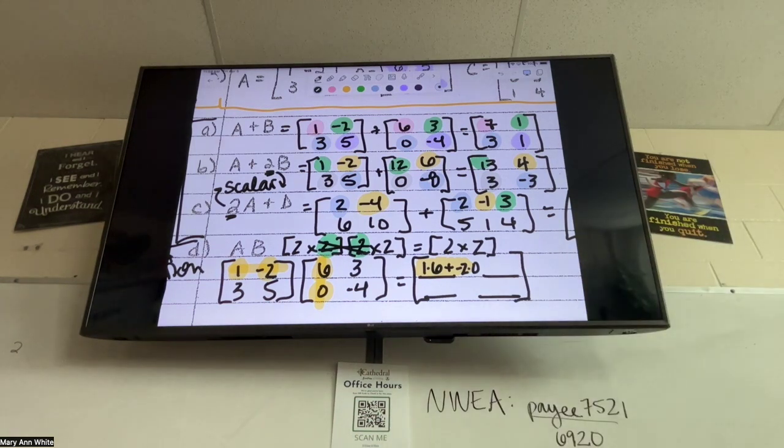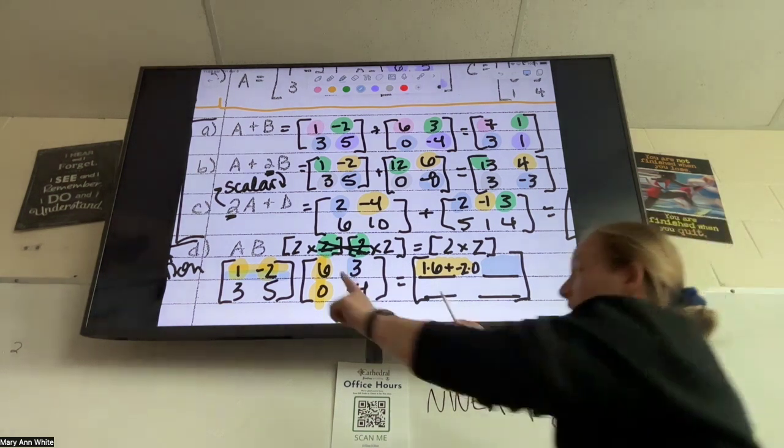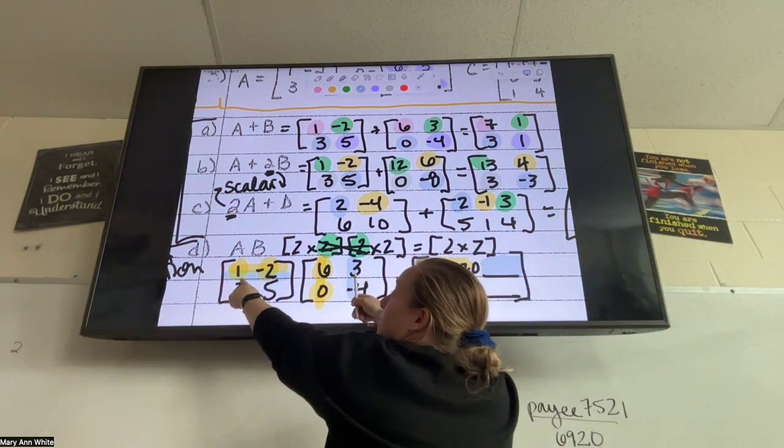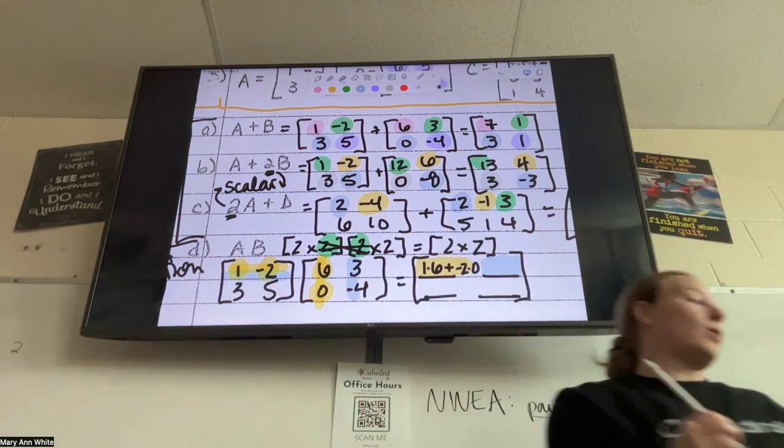Okay, now to find the number that goes in the first row, but second column, I'm going to multiply by the first row and the second column. Okay, so now in my head, I'm doing 1 times 3 plus -2 times -4.